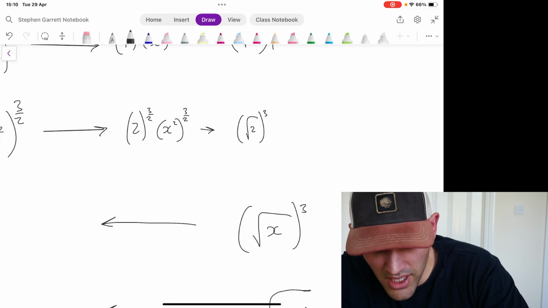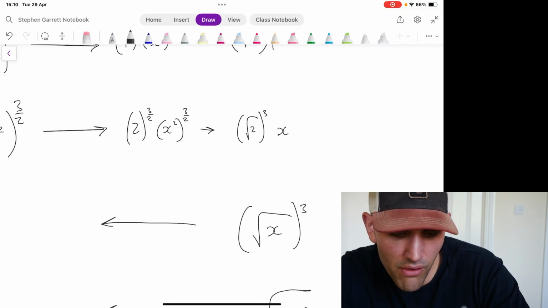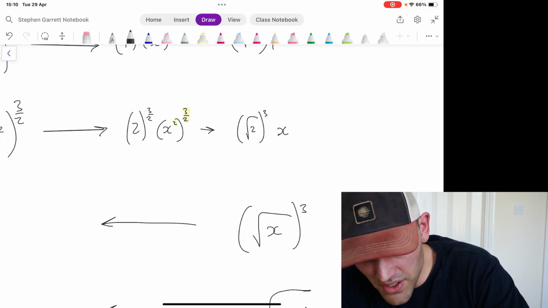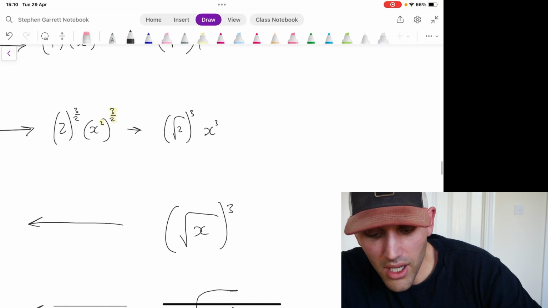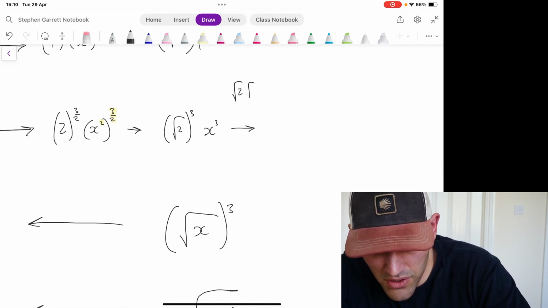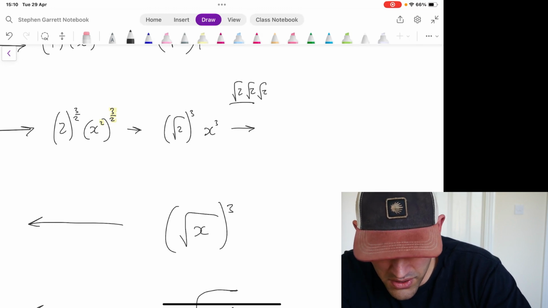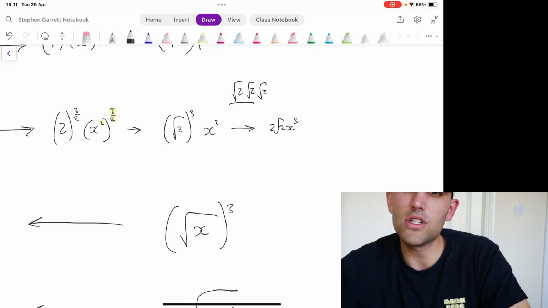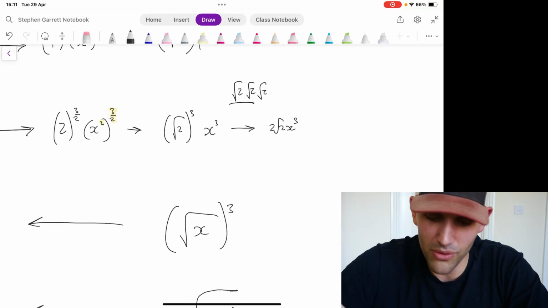And I'm going to have x to the power of, multiplying 3/2 and 2 gives me 6/2, which is going to be 3. We can massage this a little bit, so that's root 2 times root 2 times root 2. Root 2 times root 2 is just 2, so that's going to be 2 root 2 x cubed. 2 root 2 x cubed is my new rap name.